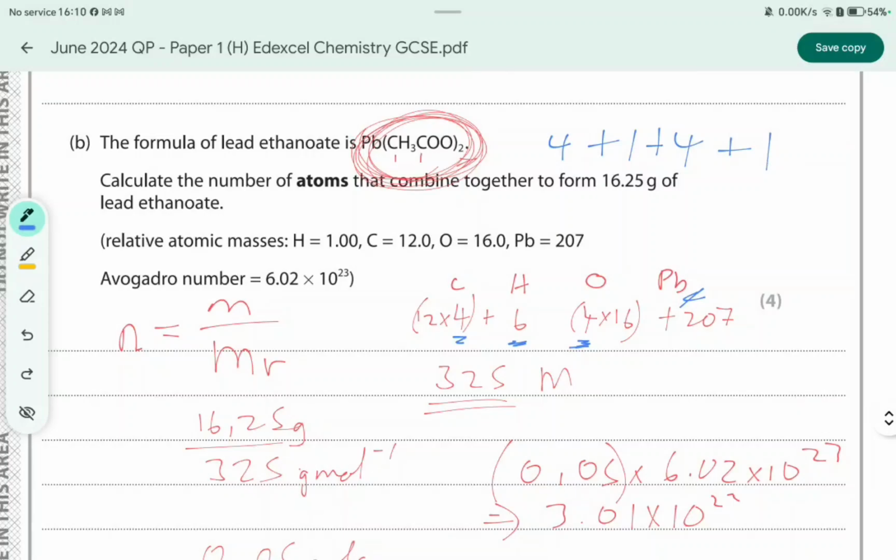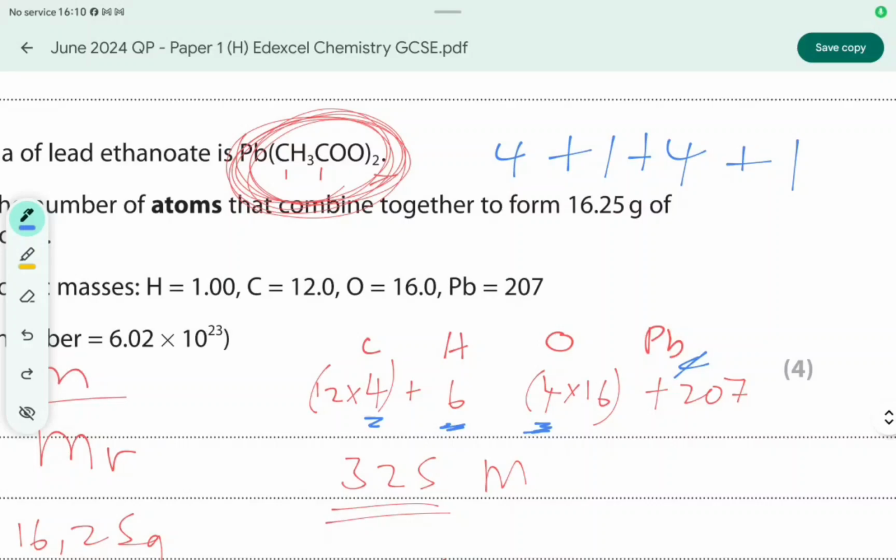Wait, is that so? Let me just redo it. So 4 oxygens, 4, 6. Oh, it's a 6. I meant to say 6. That's where I made a mistake. So that's going to become 10 plus 5, which is equal to 15.